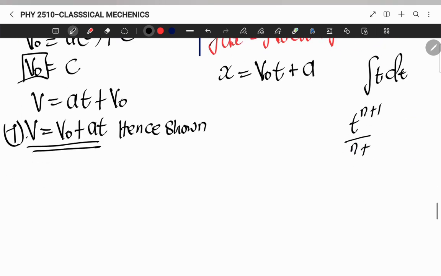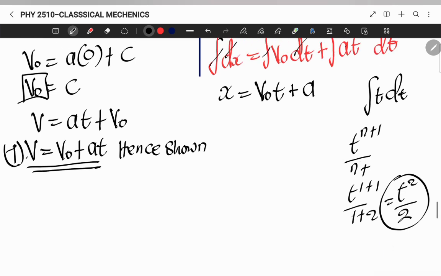Since t is raised to the power 1, it's going to be t to the power 1 plus 1 over 1 plus 1. So this is going to give us t squared over 2. We are going to pick this and replace it in our formula. So t squared over 2.